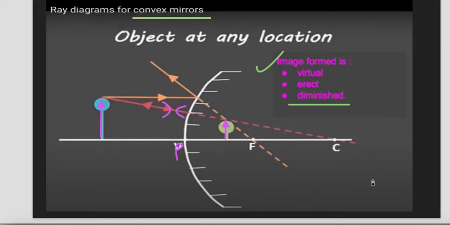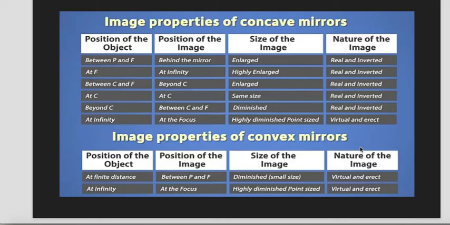Now this is what the ray diagram for a convex mirror was. Now let us proceed. We have discussed the various positions of the object for a concave mirror, and today I have explained the convex mirror ray diagram too. So this table is to be formed by you all.